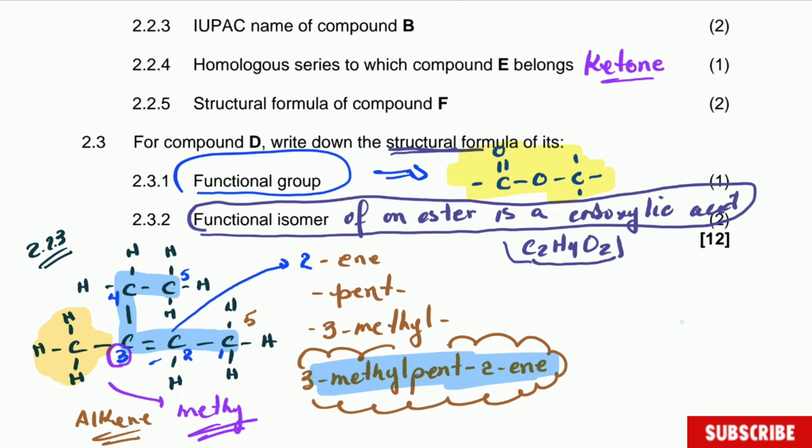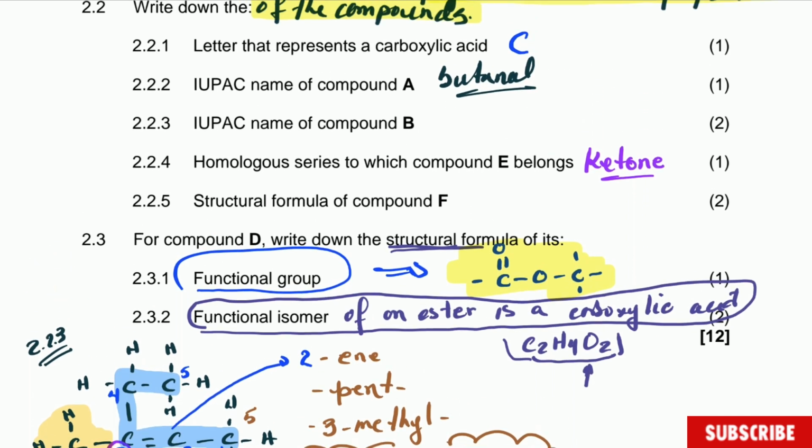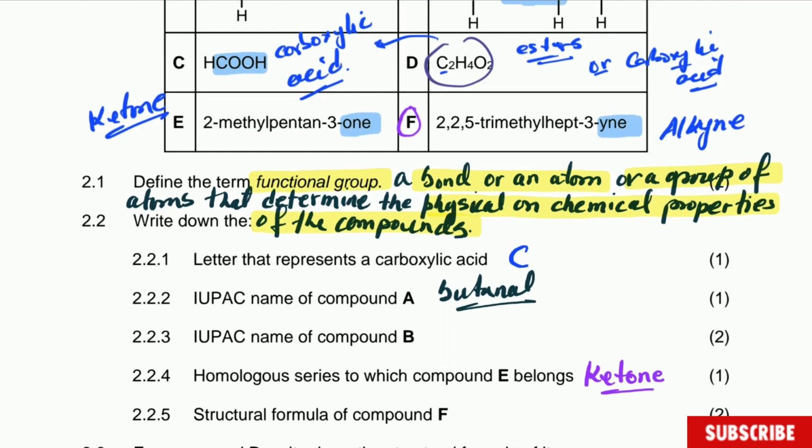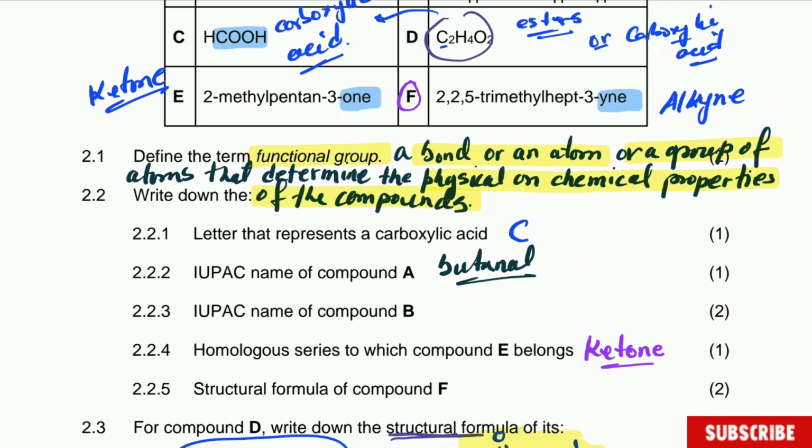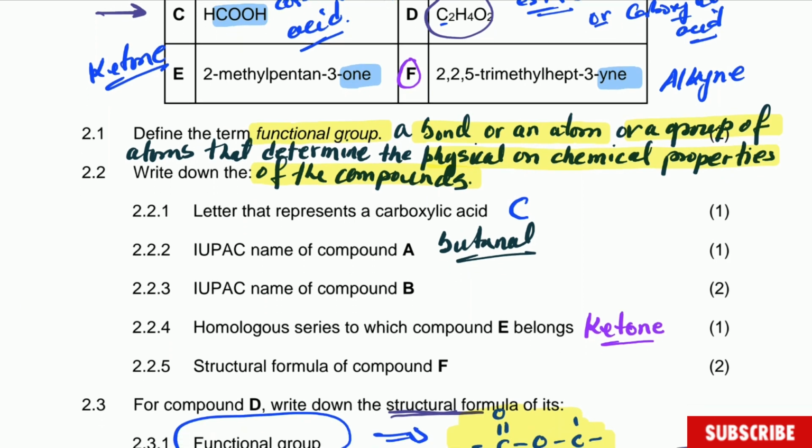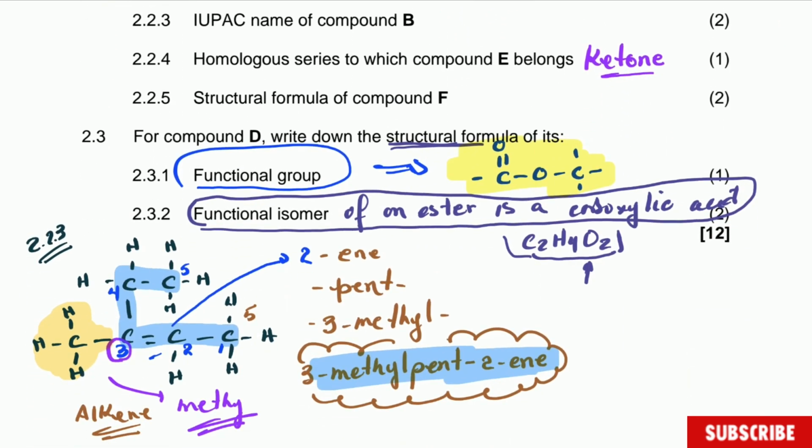So guys, it's quite simple. We're going to convert this one into an acid, into a carboxylic acid, which is not the case there, because that one has only 1 carbon. You can see that C has only 1 carbon, so it cannot be the functional isomer. The functional isomer must have the same number of everything. So guys, it's quite simple. We're going to first start with the functional group, which is a carbon, double bond oxygen, and then single bond oxygen hydrogen.